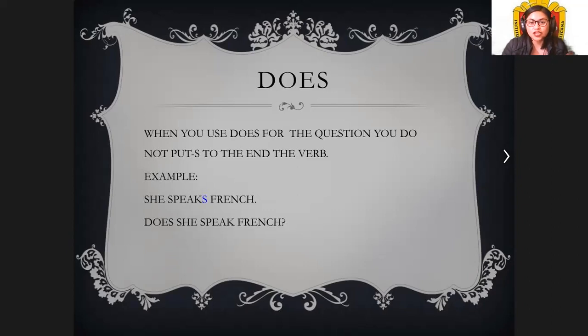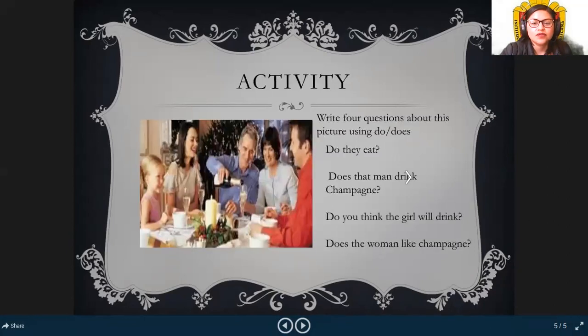Es decir, no le voy a agregar ese a mi verbo, pero sí voy a empezar con el auxiliar, ¿no? Al inicio de mi pregunta. ¿Ok? Mire aquí el ejemplo. En una oración afirmativa sí es posible agregarle S porque es parte de la regla, pero en la pregunta ya no. Does she speak French? No hay S. Se ha retirado la S. Muy bien, chicos. Vamos a continuar entonces.